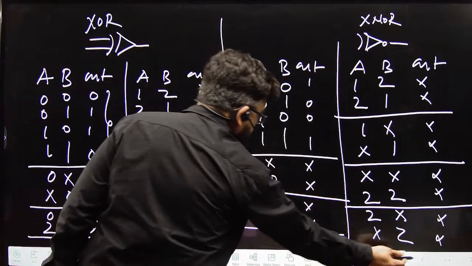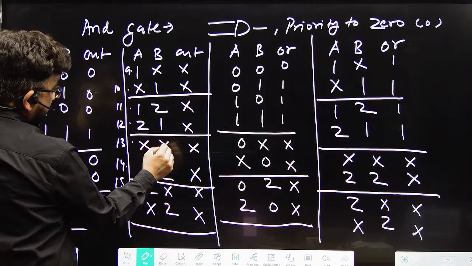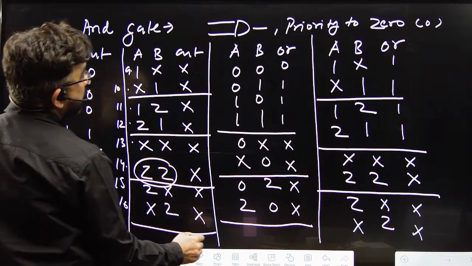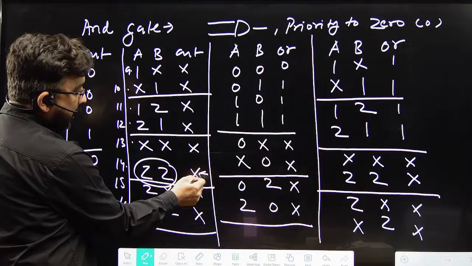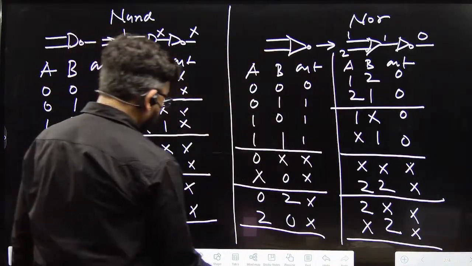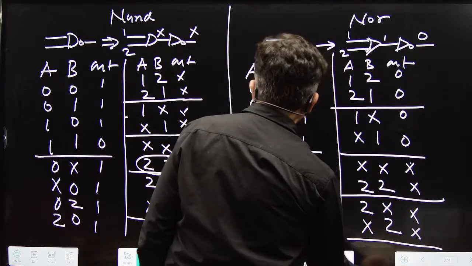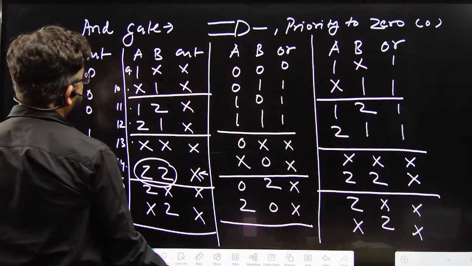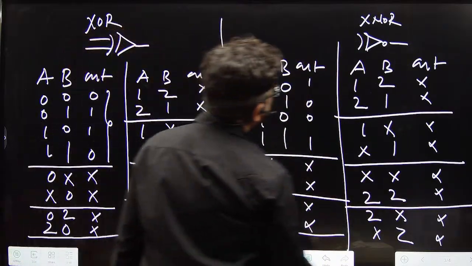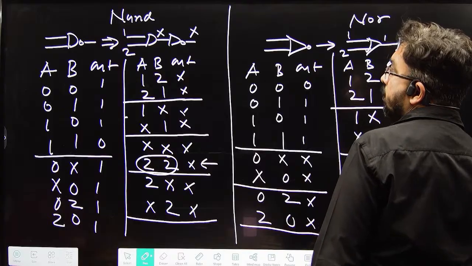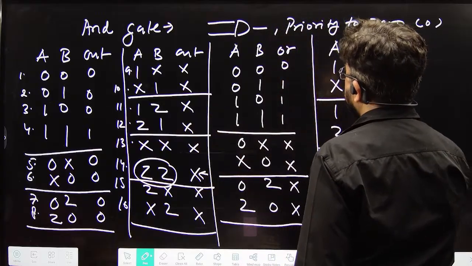Here, in all the cases, if input is Z, in case of AND, if input is ZZ, output is X. Okay, in case of NAND, if input is ZZ, output is X. And this is OR, right?